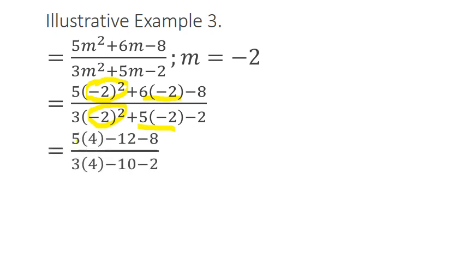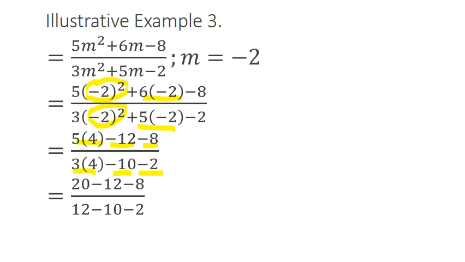That gives us 5 times 4, and then negative 12, as I have said, minus 8. And then 3 times 4, and then minus 10, minus 2. The last one is 5 times 4, that gives us 20. Minus 12, minus 8, and then 12 minus 10, minus 2.